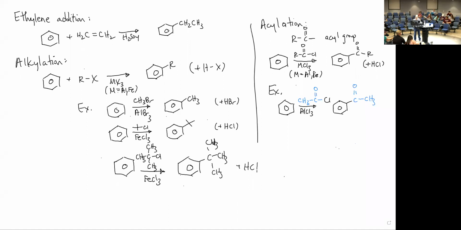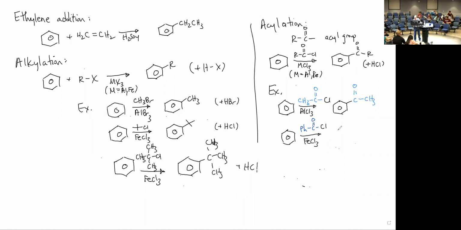Let's say instead that we treated benzene with benzoyl chloride. Oh, here we go. I can do Ph for phenyl, since we've defined that. And let's say, just because I feel like it, we used iron(III) chloride as our catalyst.